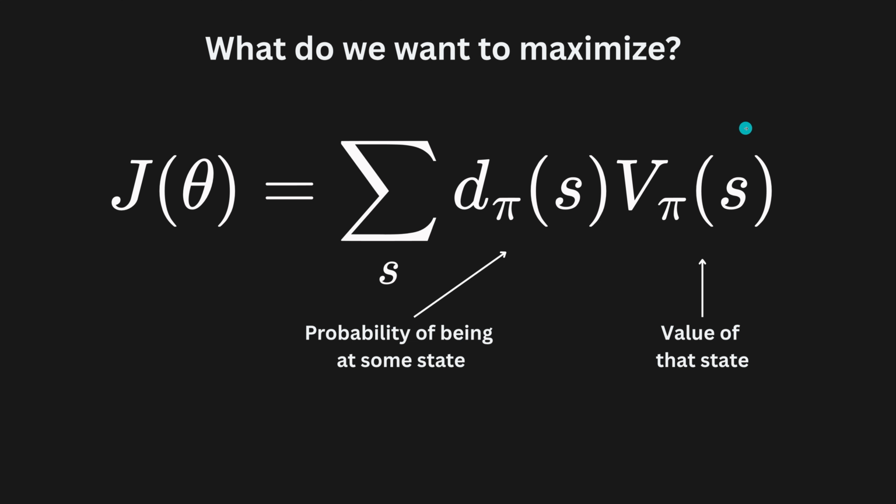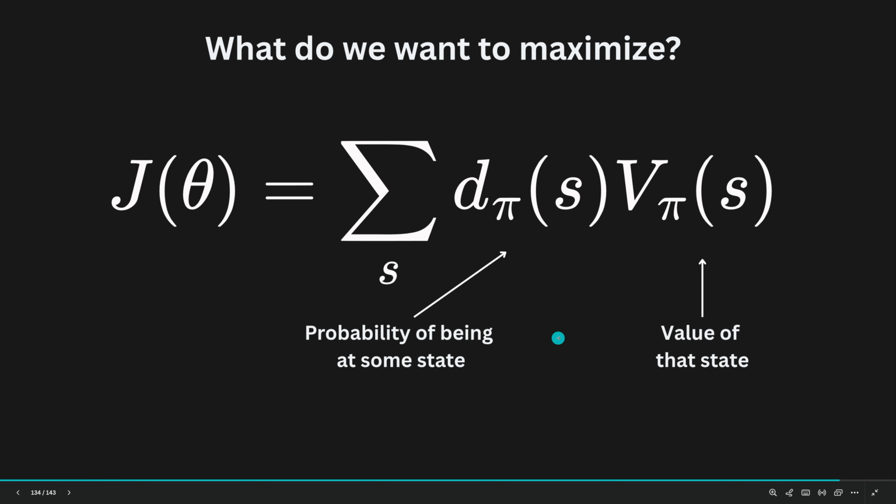But the question is, I want to maximize all the states, but what actually matters is not just the value of those states, but also how likely am I to be in that state? And this is where the stationary distribution comes in. The stationary distribution tells me the probability of being at some specific state S. And then the value tells me the value of that specific state. So what I really want to maximize is this entire system.